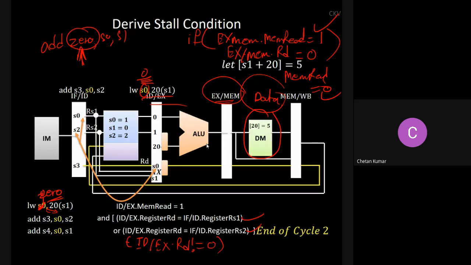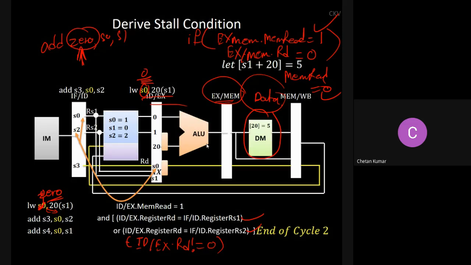Maybe if I keep on discussing all of these optimizations, things will become very complex. So one optimization that is possible here is to avoid unnecessary stalls. You can check whether the destination register is equal to 0 or not, and then avoid the stall altogether. You stall only if it is not equal to 0.